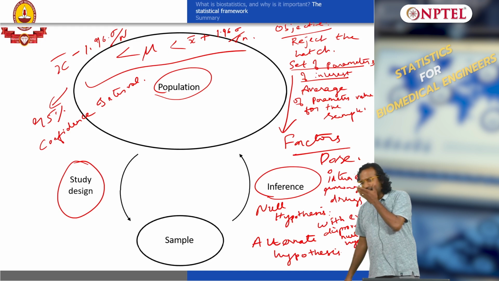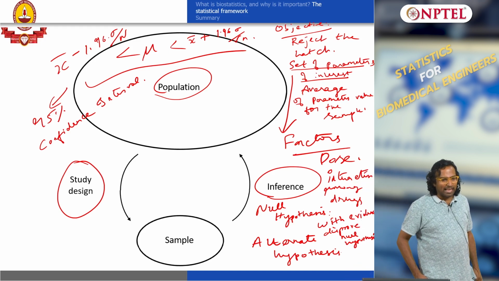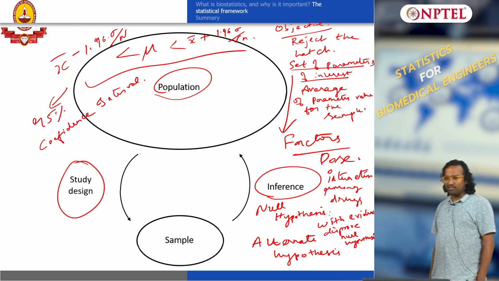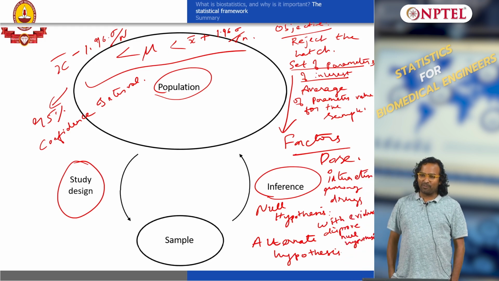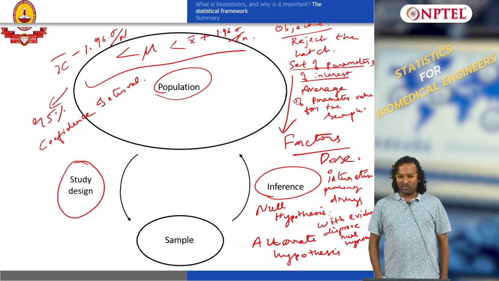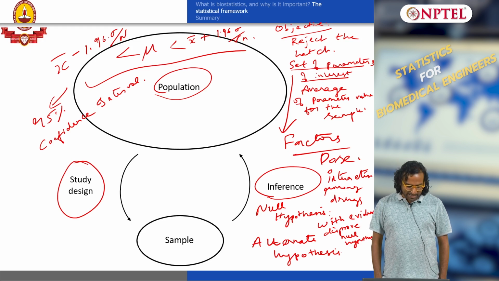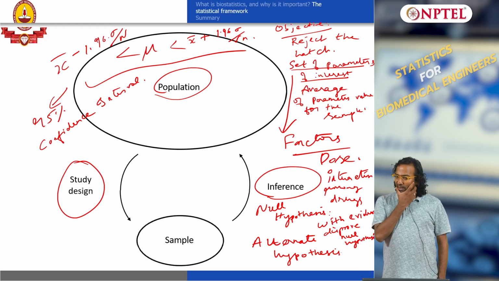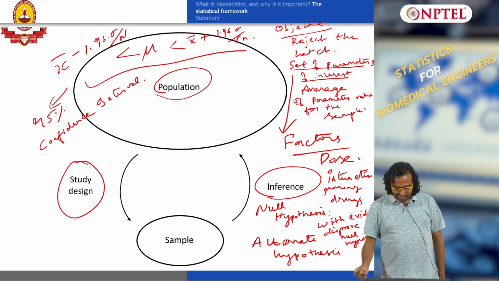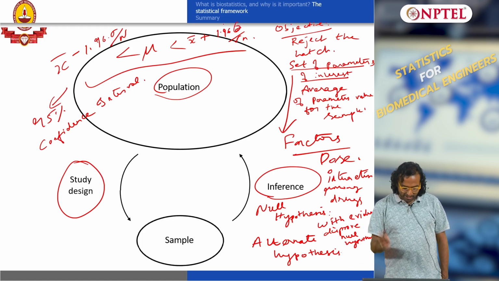What I have written is the true mean mu lies between these two intervals, and I am sure it will lie between these two intervals 95%, okay. This has many catches, okay. First of all, this sigma, we will come to this later.